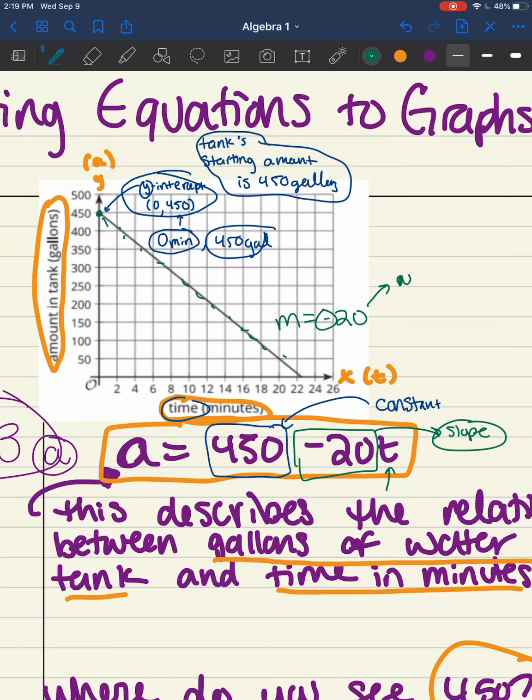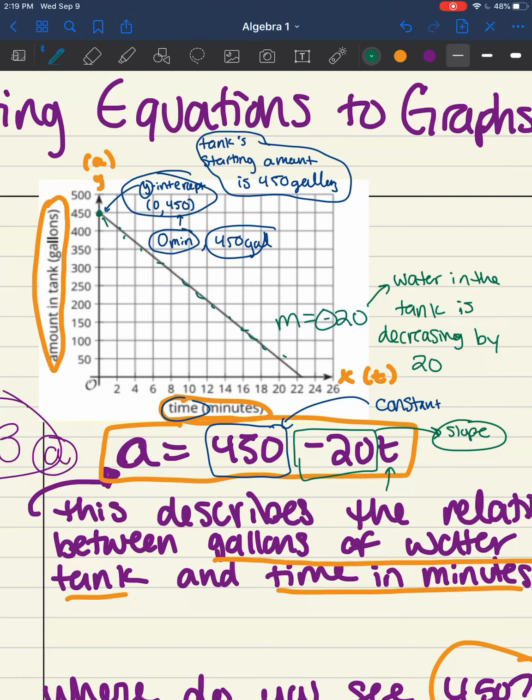So the water in the tank is decreasing, aka negative, decreasing by 20 something.